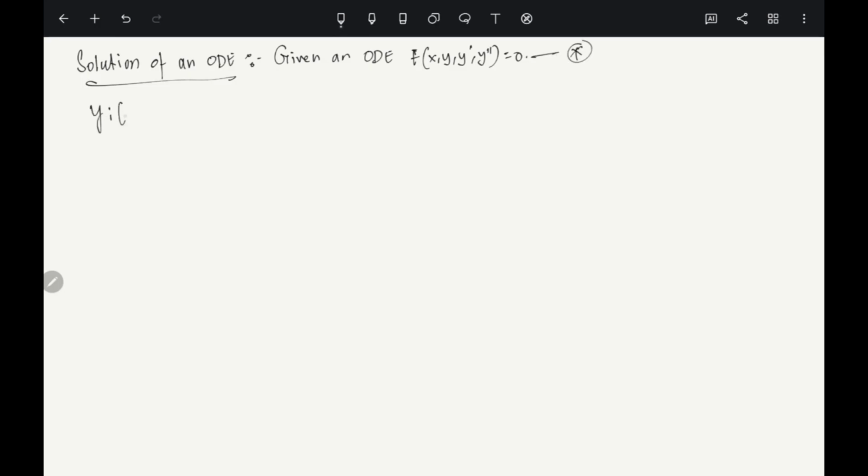Y from (a,b) to R is an unknown function, which you found by some method. We'll call it a solution of star if y is at least C2 on (a,b).